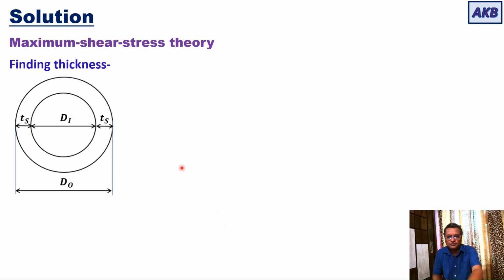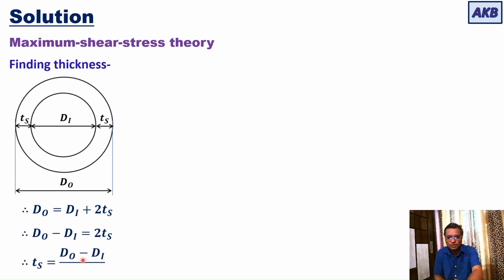Finding the thickness. For that, again, we will use this schematic, which will help us to know the relationship between Do and Di. The relationship is Do is equal to Di plus 2 ts. You can easily understand. So Do minus Di is 2 ts, that is, ts is equal to Do minus Di upon 2.